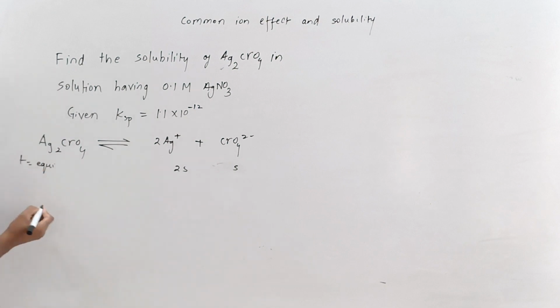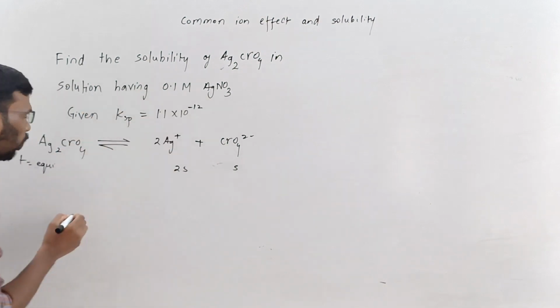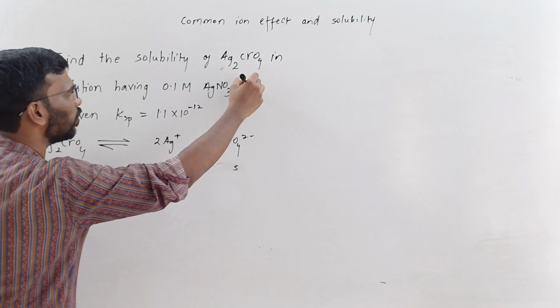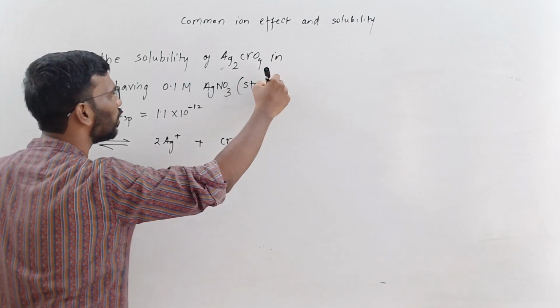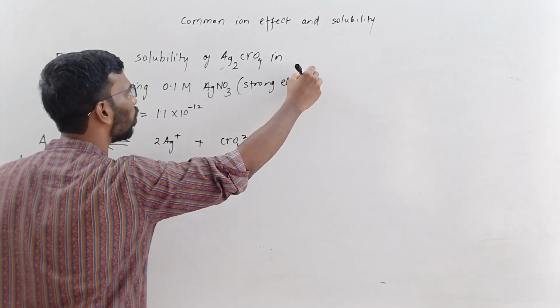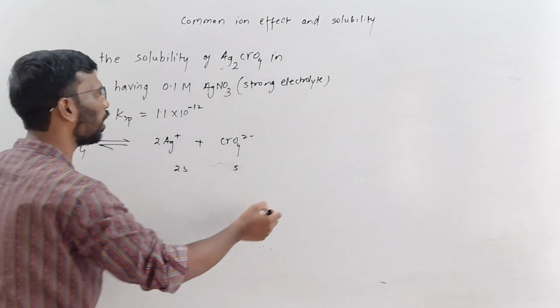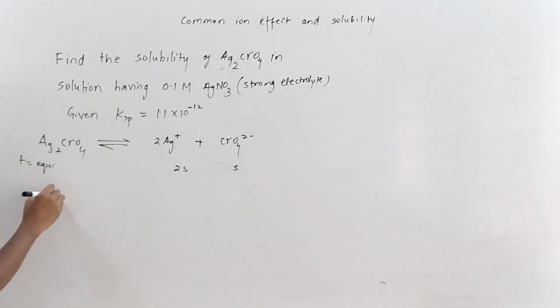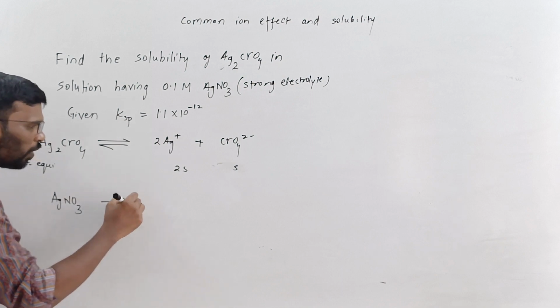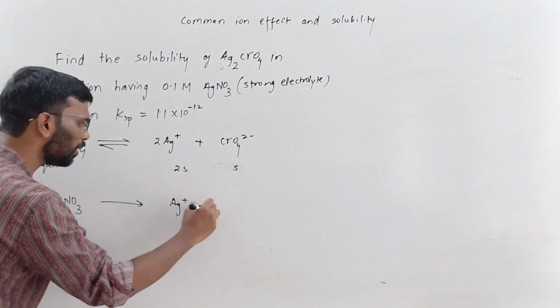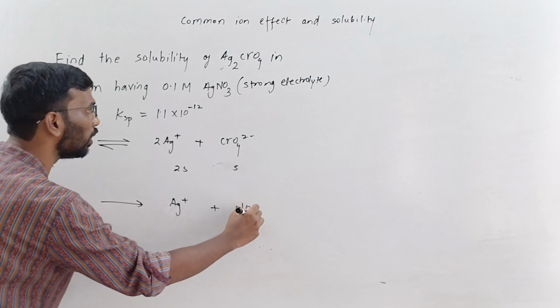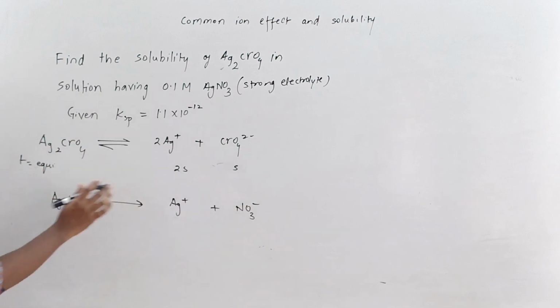This is coupled with another reaction, that is AgNO3. AgNO3 is a strong electrolyte. It is a nitrate. Remember, nitrates are strong electrolytes. AgNO3 is giving Ag+ and NO3-. Now there is only one Ag.